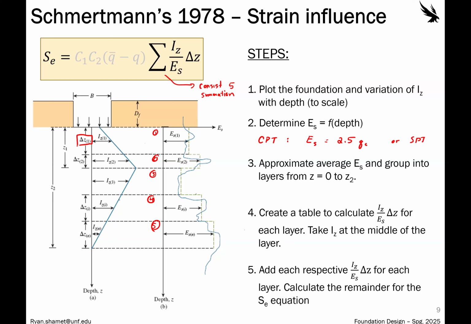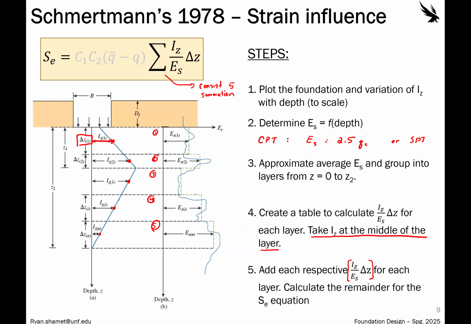So the easiest way to do this is to use Excel or some type of plotting software, because you need to find this average value here, which is the middle part of the triangle. So the Iz is at the middle of each layer based off of the influence, and we'll go through an example of that. Once we add each respective term, we can calculate the remainder of the equation for the settlement.